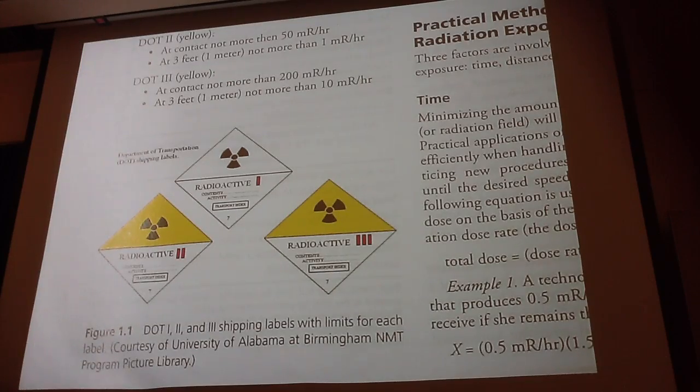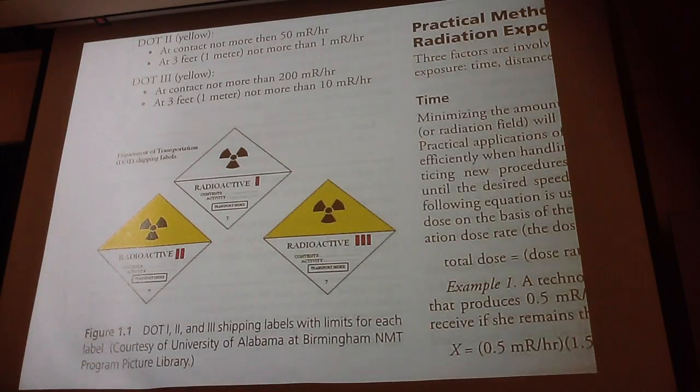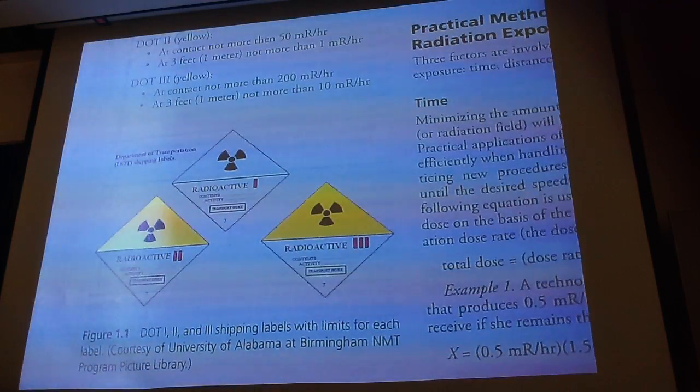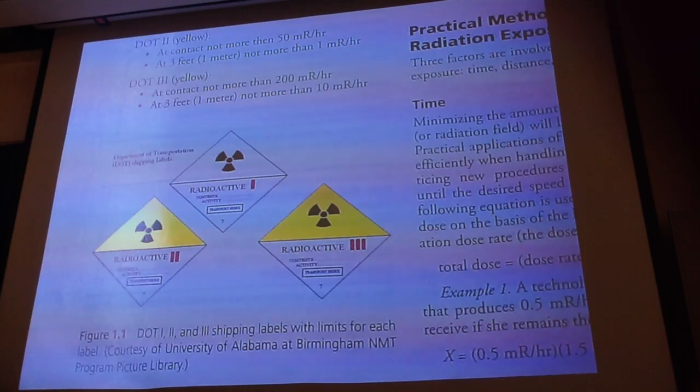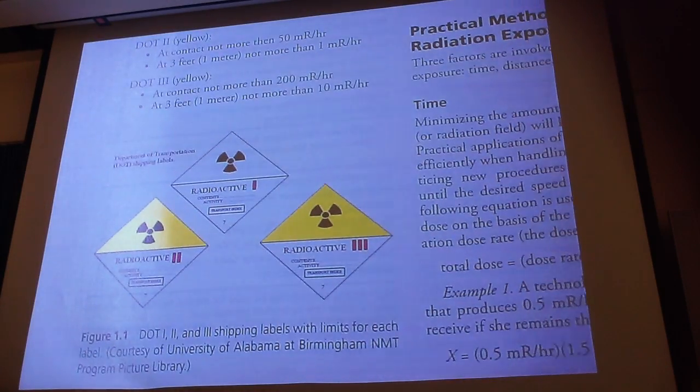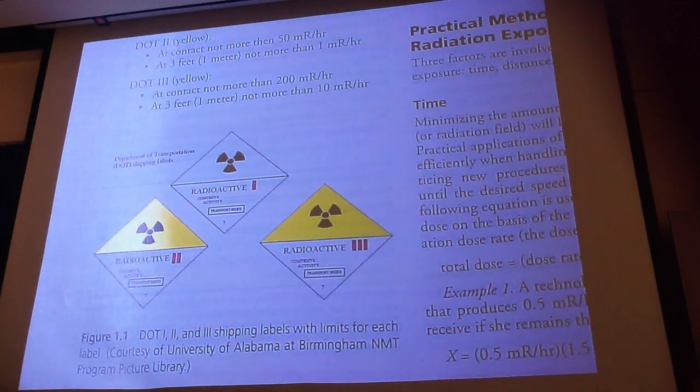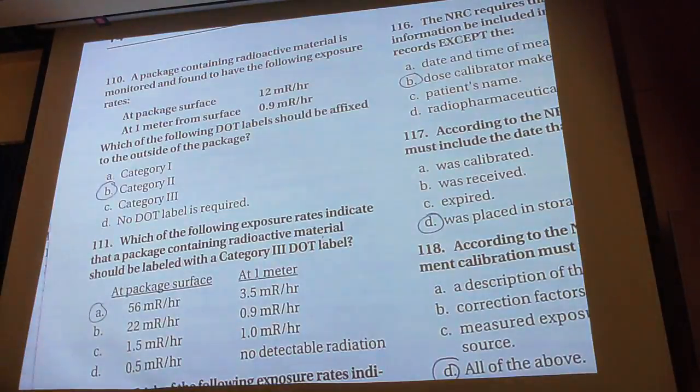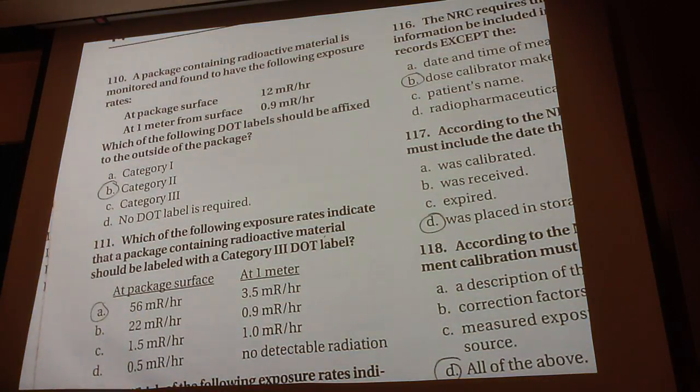And it's really cool to put these in the windows on your car, but you'll have a lot of explaining to do to the highway patrol. People have done that. We had students a few years ago that did that, and they got caught. You do not put radiation warning signs in your car.